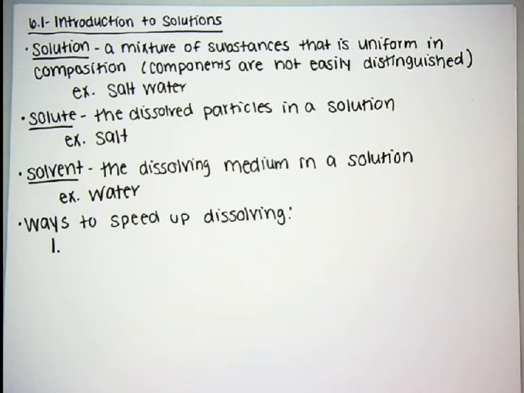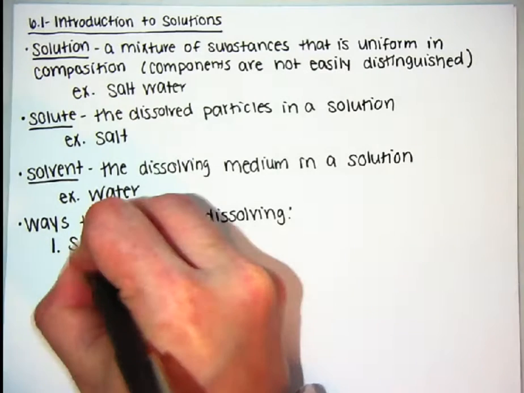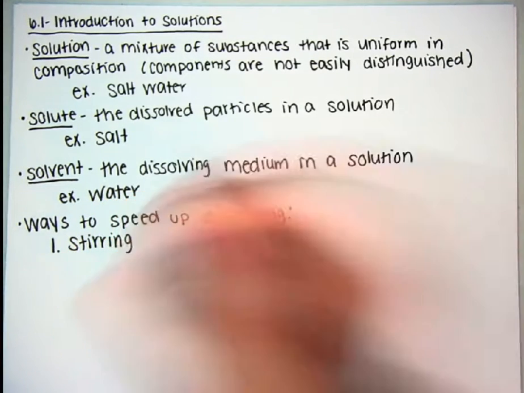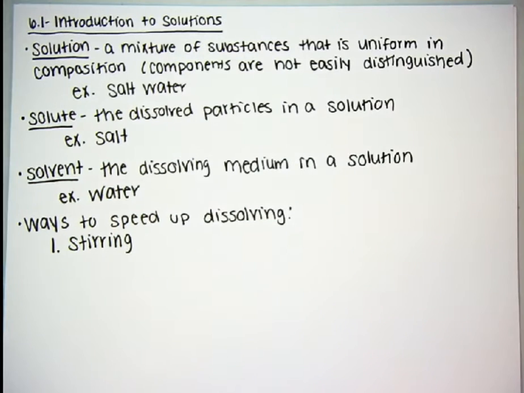Once you pour that solid into your liquid, what do you probably do? You probably stir it. Stirring is the first way to speed up that dissolving process. What happens is it helps spread the solute evenly throughout the solvent, which gives the solvent quicker access to the solute and speeds up the dissolving process.